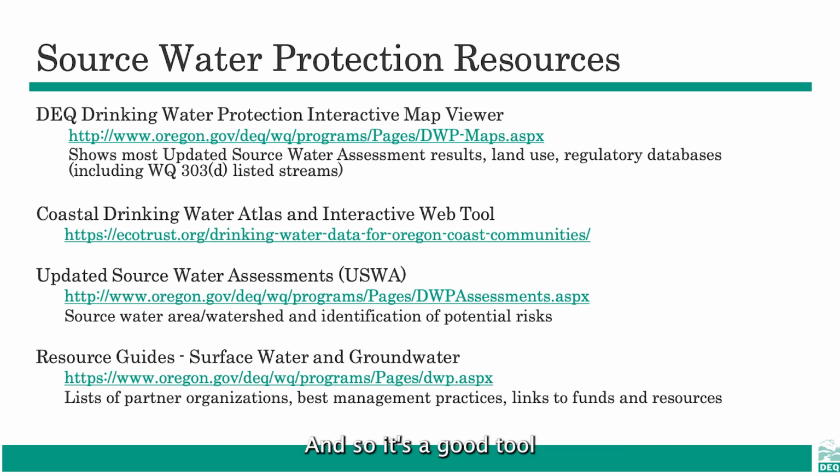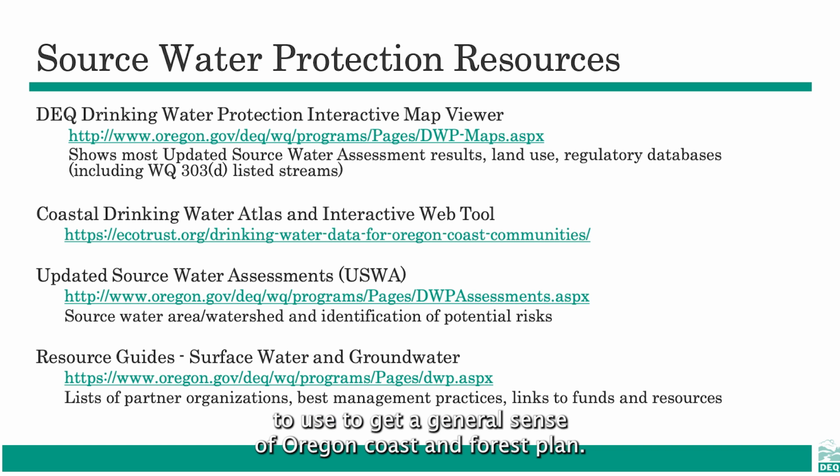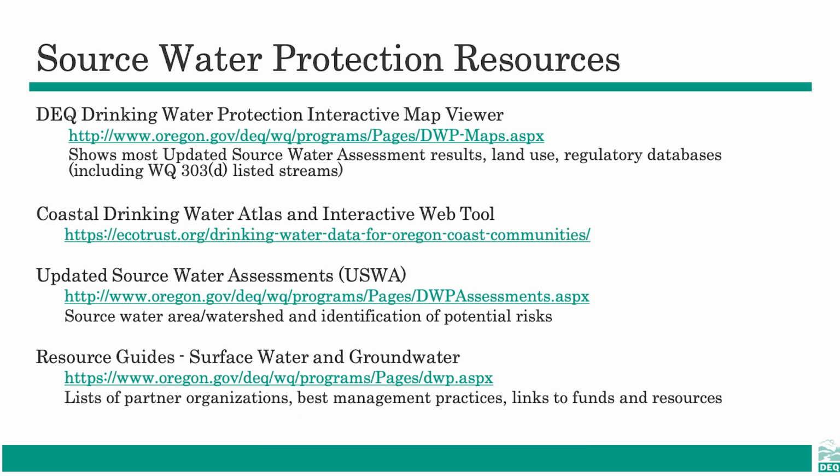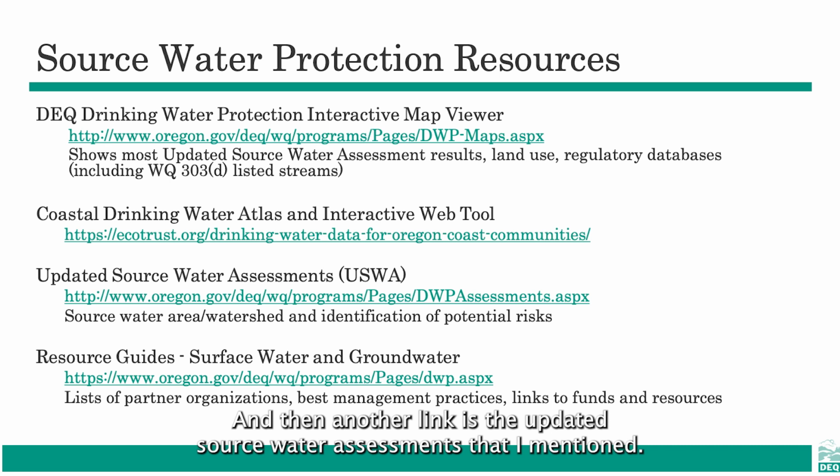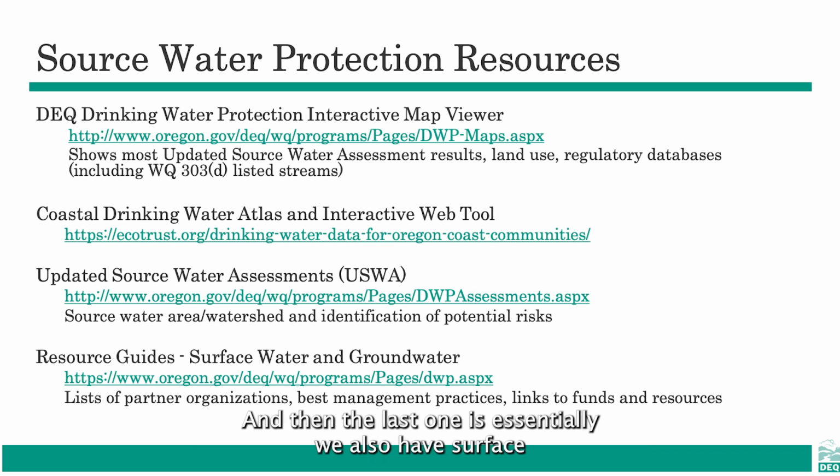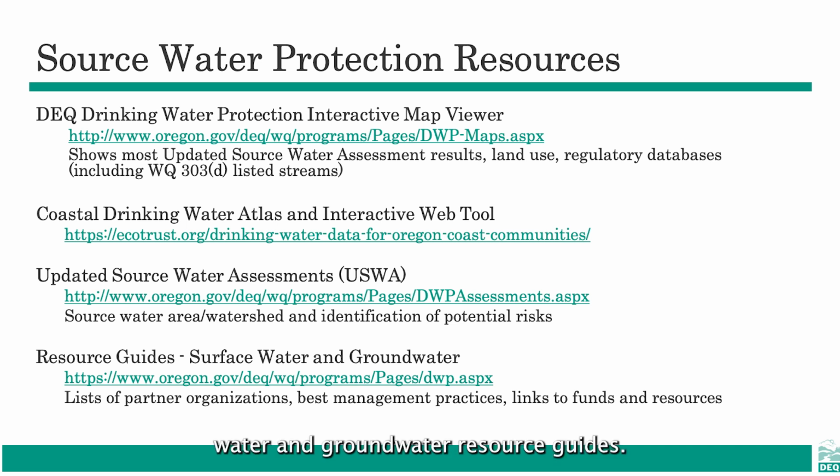It's a good tool to get a general sense of the Oregon coast and forest land. Then another link is the updated source water assessments that I've mentioned. And the last one is that we also have surface water and groundwater resource guides.